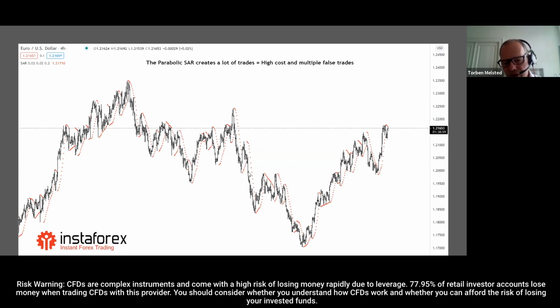This is a nice trade, giving you a good profit if you were short here. But then you have 2 or 3 or maybe 4 false trades in here, actually accumulating into a small loss, I think. And again, all the costs in doing all those trades are not worth it in my view.